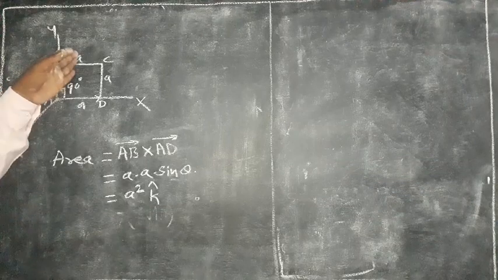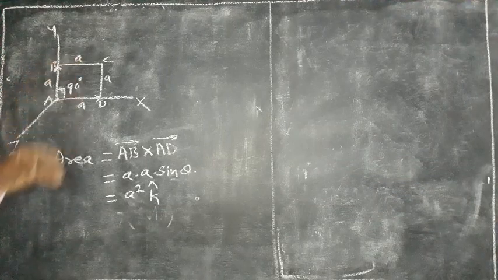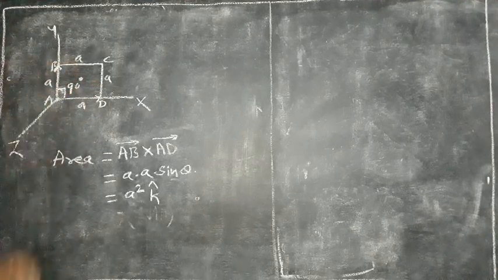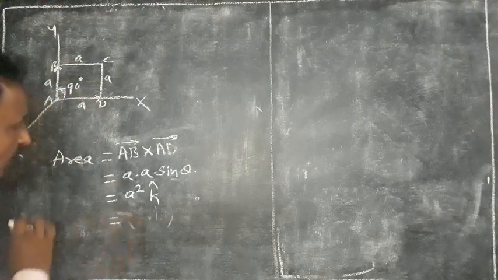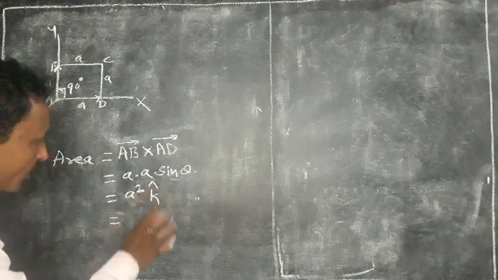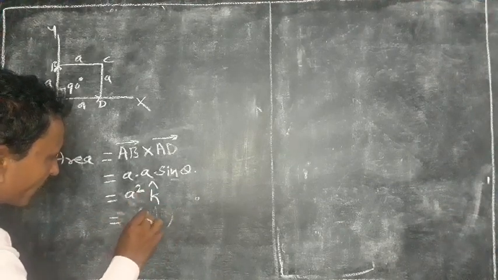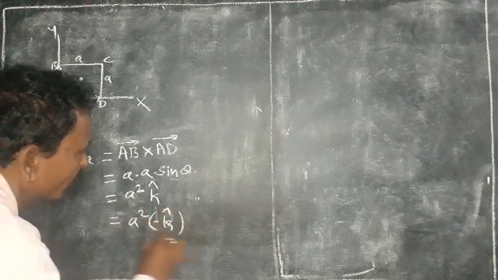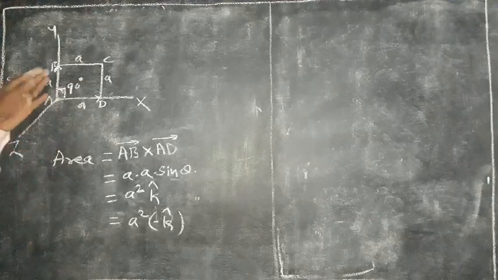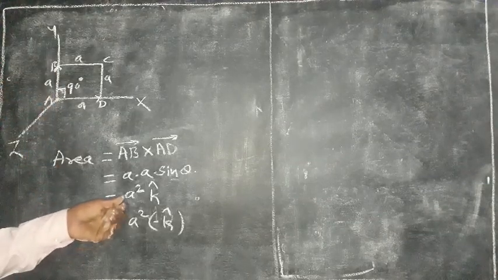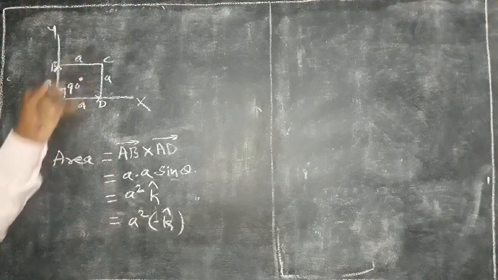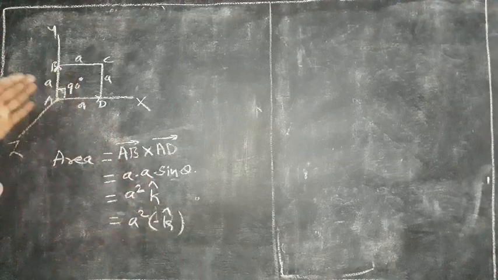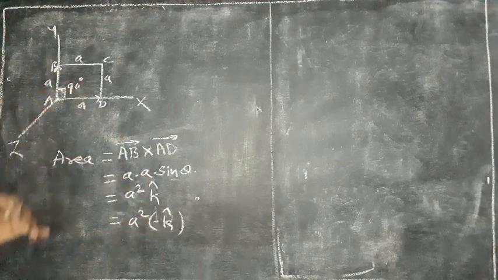And for inward normal, the area vector is along the minus z-axis, and the unit vector in the direction of minus z-axis is minus k cap, so A square into minus k cap for inward normal, and A square k cap is the normal in the direction of the z-axis.